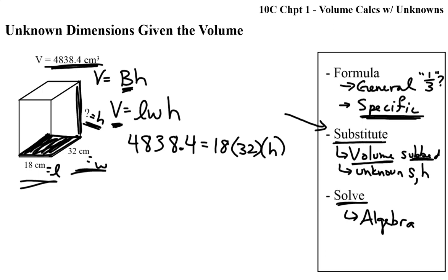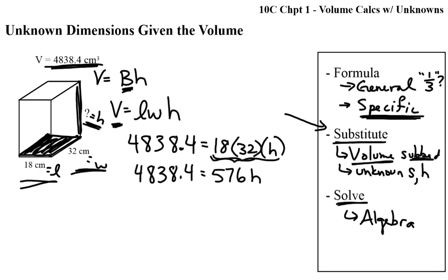There's our unknown. So to solve, always do whatever multiplying you can. We have 4,838.4. And when I multiply over on that side, the 18 times 32 times h, well, I know that I can get 576 h. 18 times 32 is 576 times the h.